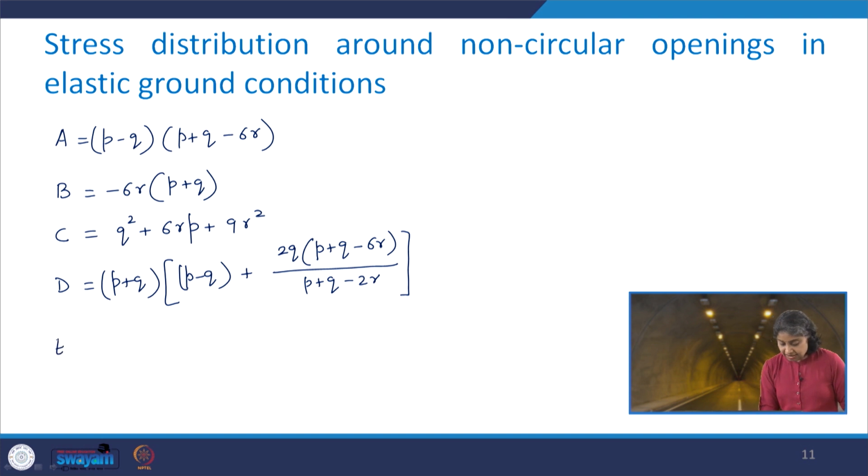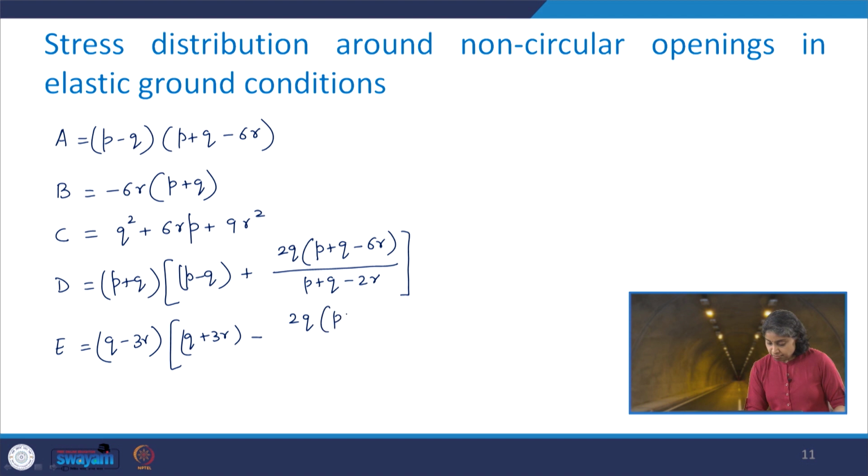And E is expressed as Q minus 3R into Q plus 3R minus 2Q into P plus Q divided by P plus Q minus 2R.